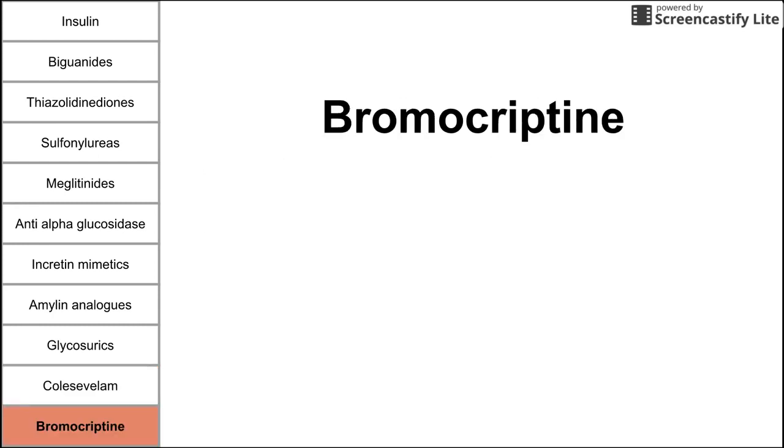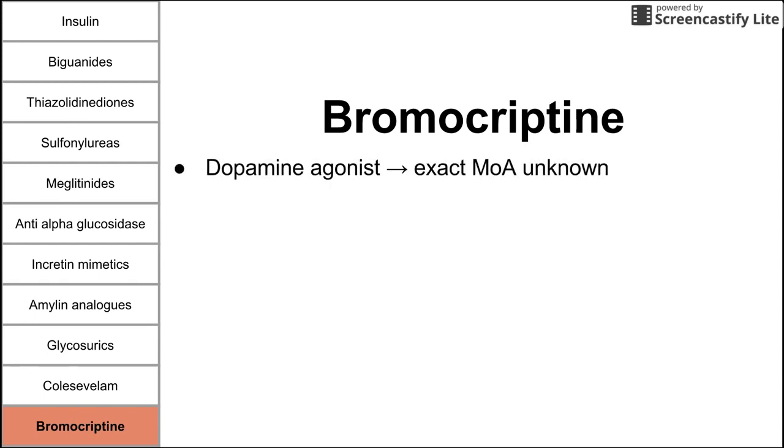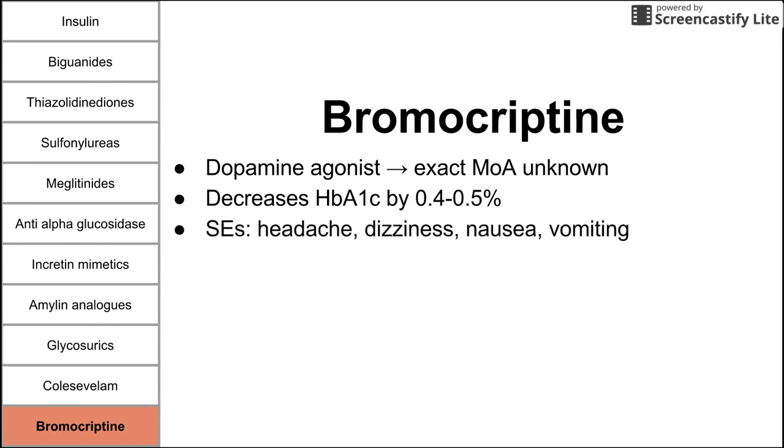Next is bromocriptine, which is a dopamine analog. This, again, is not primarily used for diabetes, but it has been approved. The exact mechanism of action is unknown, but it also decreases HbA1c by a very modest amount, 0.4 to 0.5%. Side effects here are headache, dizziness, nausea, and vomiting.